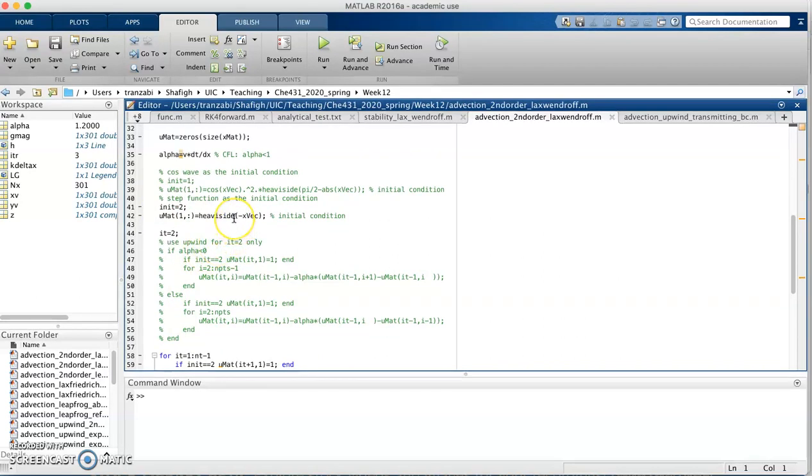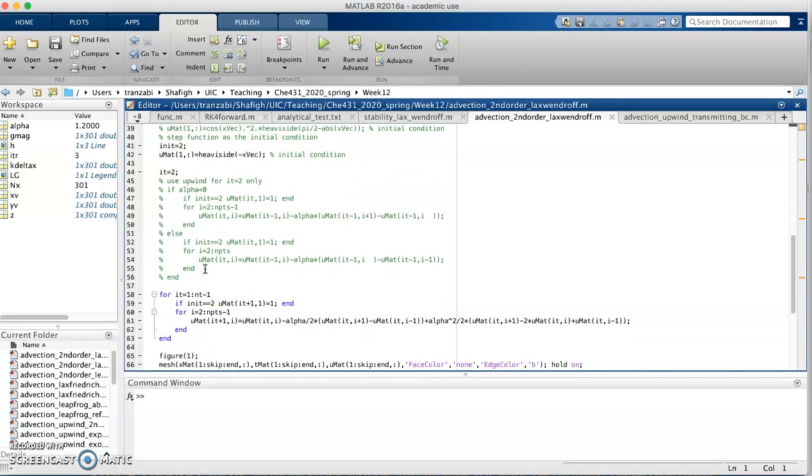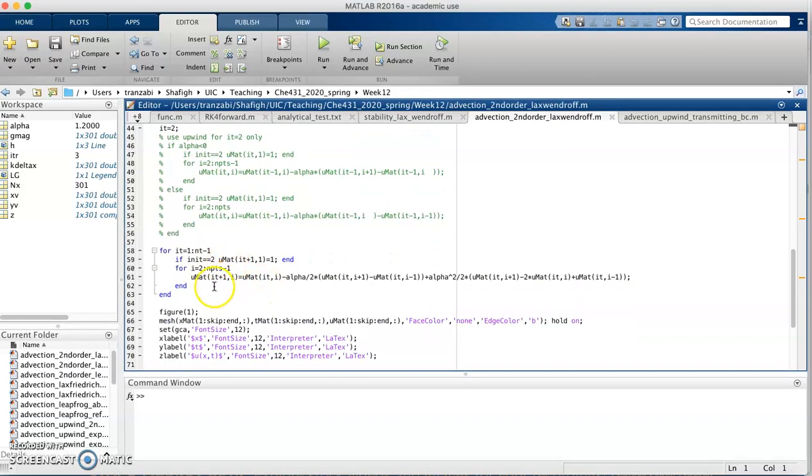Actually I'm not using the half cosine wave, I'm using a Heaviside function, doesn't matter, but there's another option here in the code you can download from Blackboard and play with. If you put initial condition of type 1, you get a half cosine wave. You put initial condition of type 2, you get a Heaviside function. So for this Heaviside function, this is how we implement it. It's like 2 lines of code.